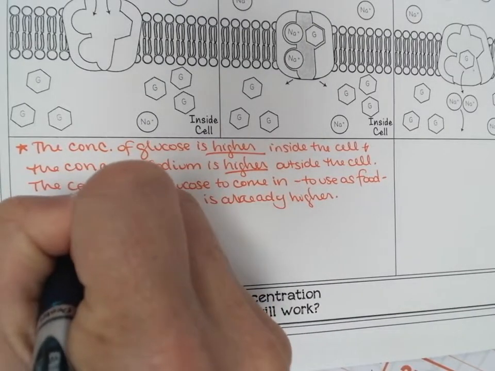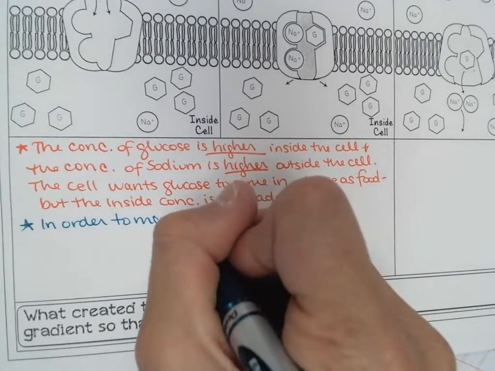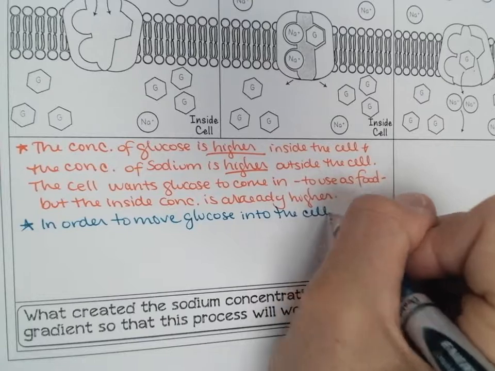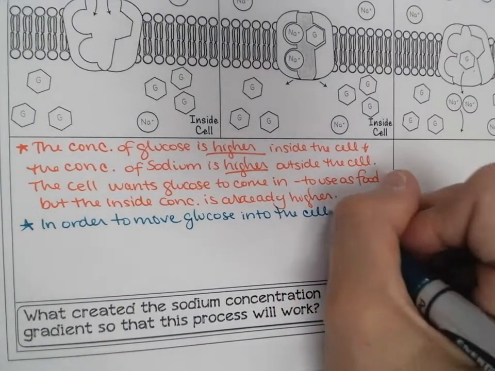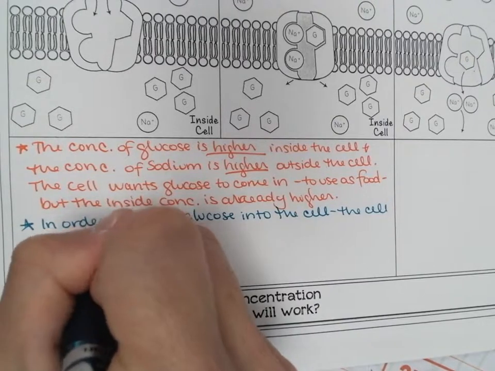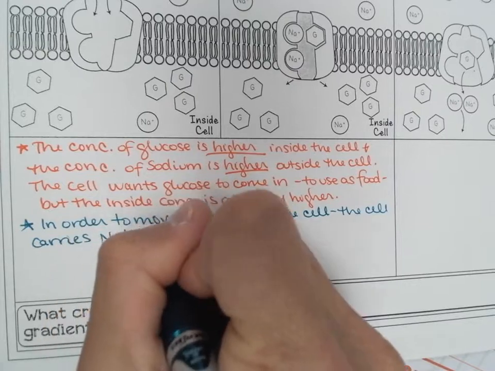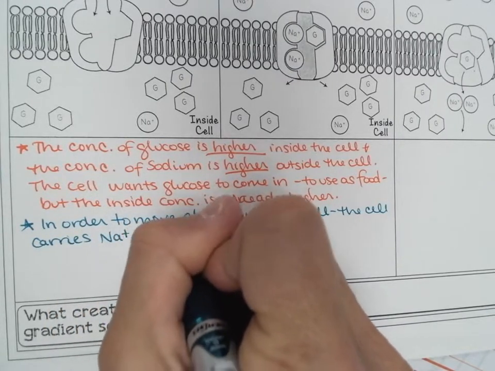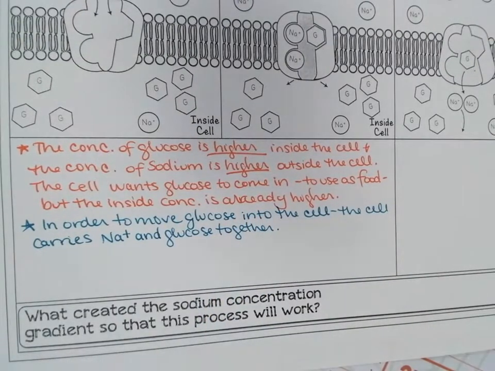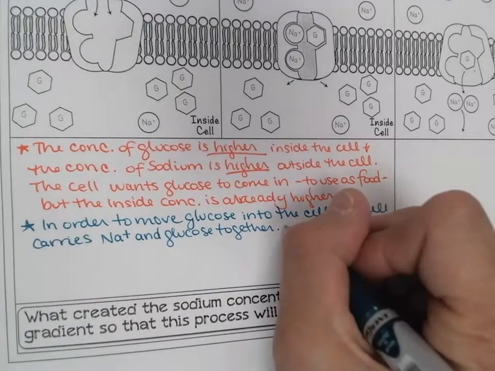So in order to move glucose in, the cell carries sodium ions and glucose together. Both enter the transport protein outside the cell.